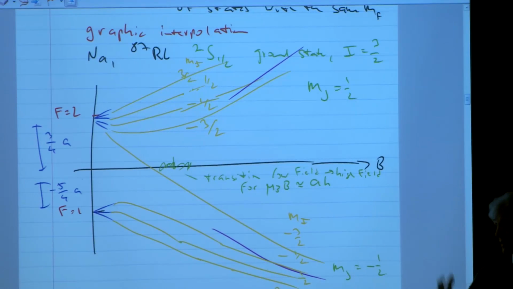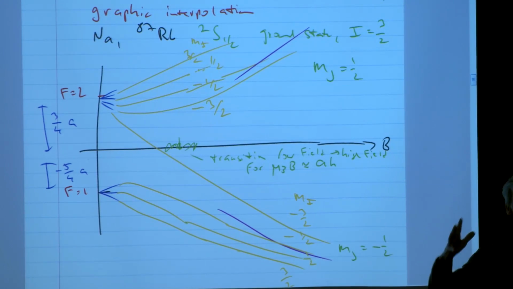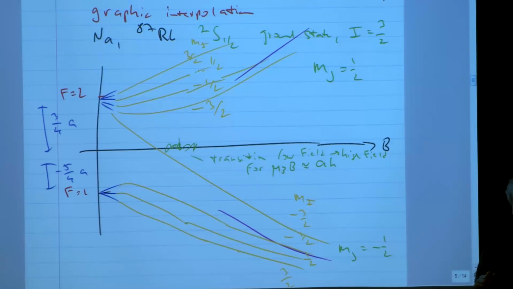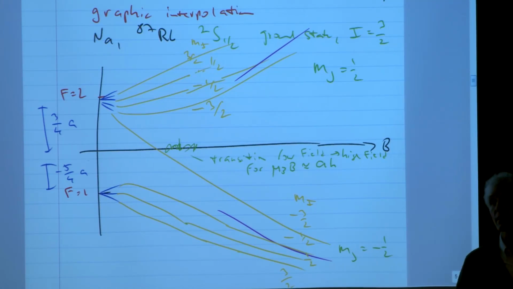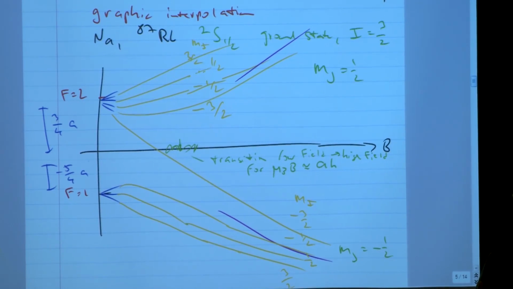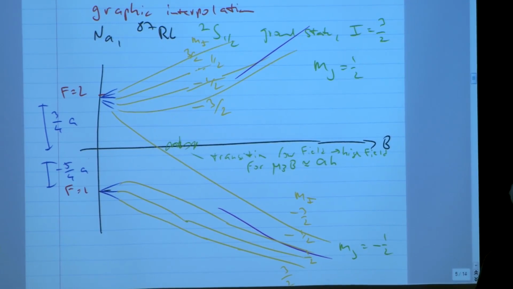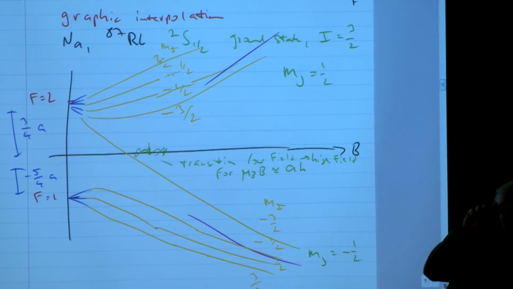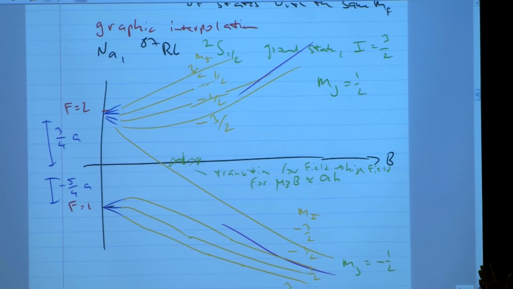So what I want to do at the beginning of today is give you a summary, so that you see the bigger picture beyond the details: what I taught you about atoms in a magnetic field is a paradigmatic example of quantum physics. What happens if you have two different terms in a Hamiltonian and you have to interpolate between one and the other. But before I do that, do you have any questions about magnetic fields, magnetic structure?